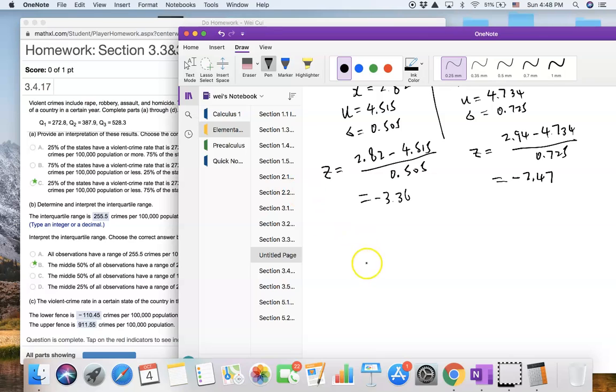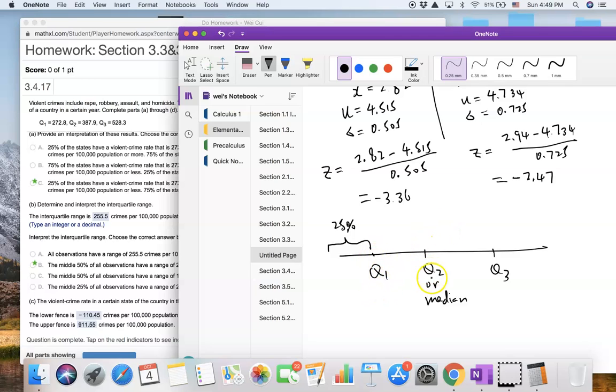So what does the median indicate? The second quartile is the median. What does the first quartile indicate? 25% of the data values are going to be less than this number.